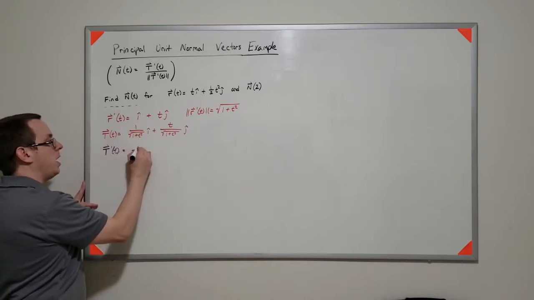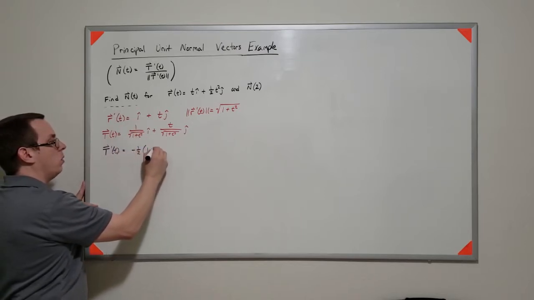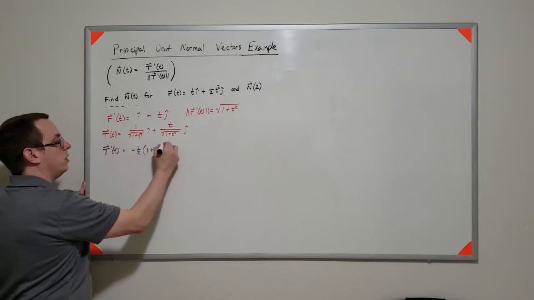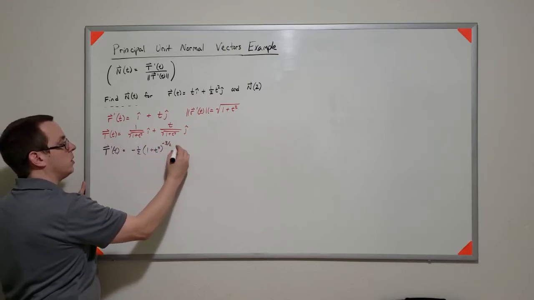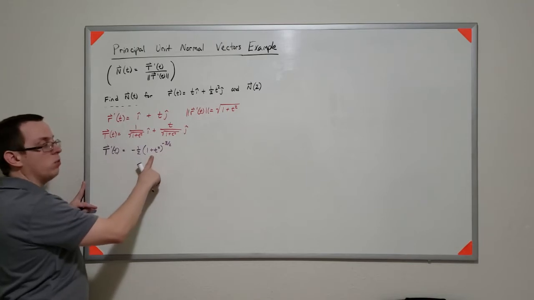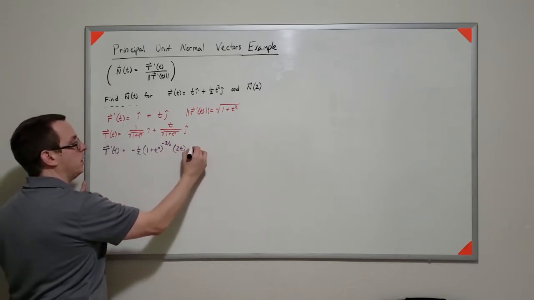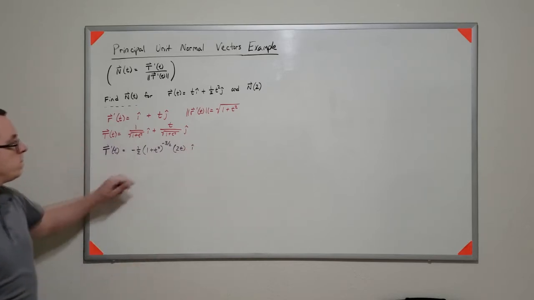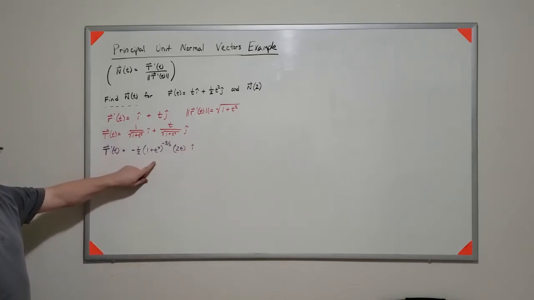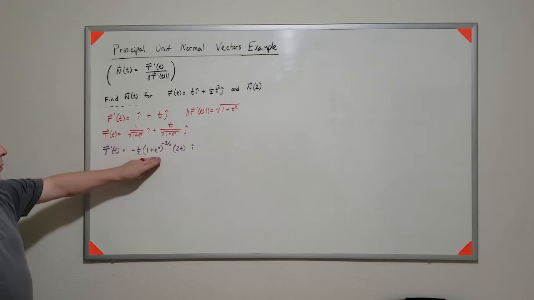So that would be negative 1/2 times (1 plus t squared) to the negative 3/2. And then the chain rule tells us we need to take the derivative of that, 2t i.